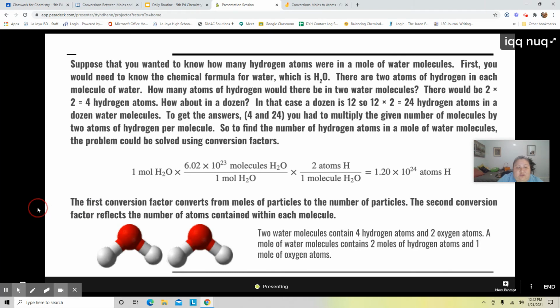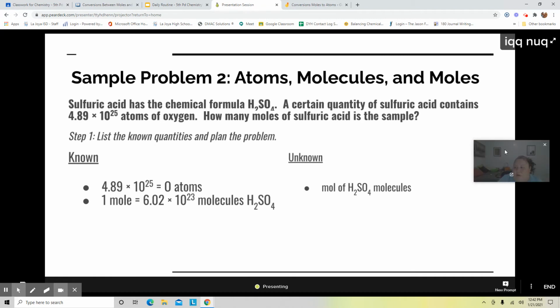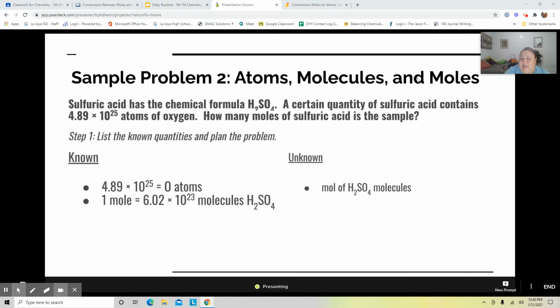The second conversion factor reflects the number of atoms contained within each molecule. And of course, this just describes what you're seeing below, or actually on the left. It's talking about the molecules. All right, let's go to our sample problem. Let's try it out and see if we're able to understand what they're asking me for.